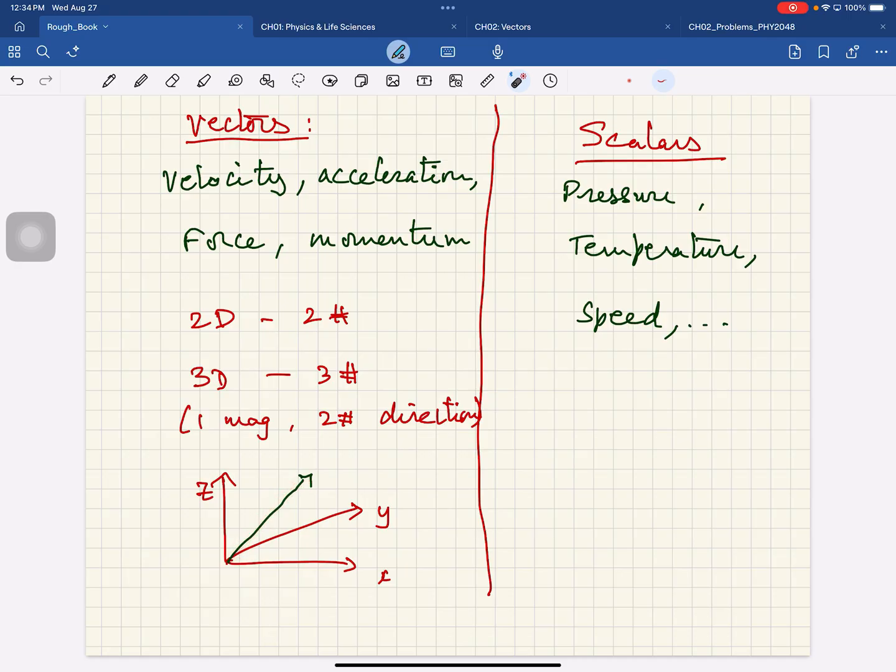How would you draw 100 miles an hour in that direction? Double. Very simple. Here are the 2 angles that you need to specify this vector. There are various ways to do it. Here's one angle, and then you project it on the XY plane, and here's another angle that you specify.